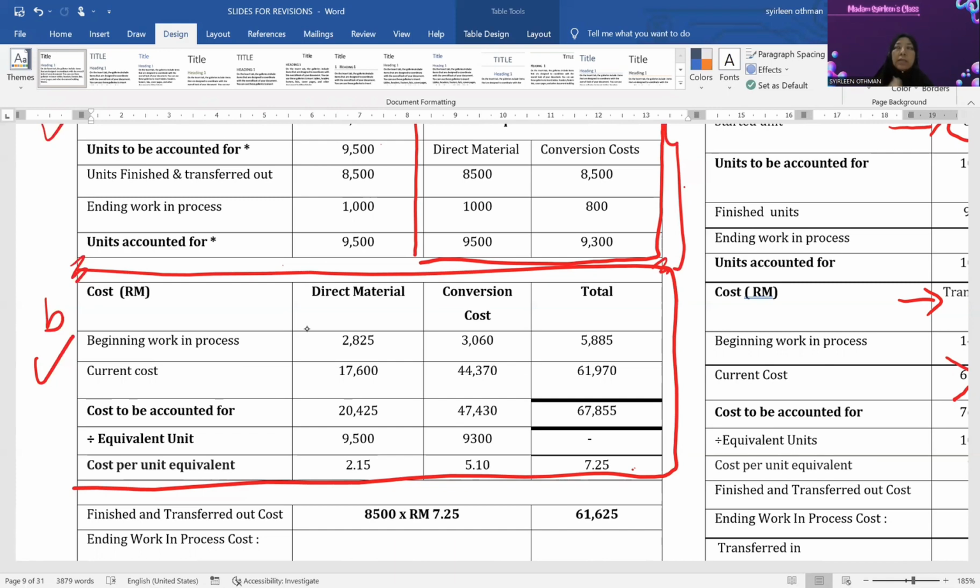Okay, sebab kita kena faham kita perlu menjawab soalan, bukan muntahkan balik apa yang you hafal semasa you belajar. So when the question asks you to do a production cost report, baru kita buat production cost report, meaning it's a full report with the title along. Okay, tapi kalau soalan tak minta, make sure if you want to use the report as your answer, it is separated based on the requirement of the question.